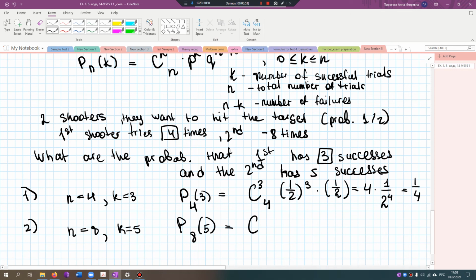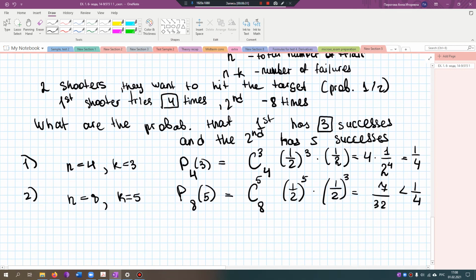So here we have combination 8, 5 multiplied by 1/2 in the power of 5, multiplied by 1 divided by 2 in the power of 3, and it will be equal to 7 divided by 32, which is less than 1/4.